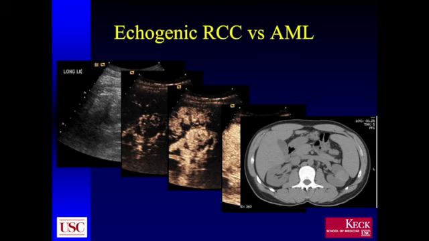So in this particular case, although the features are typical, very, very vascular, very intense enhancement, pointing you toward a renal cell carcinoma, I think that in reality, these larger echogenic masses are probably best served to be evaluated by non-contrast CT, looking for areas of fat and making the clear diagnosis of an AML. Whereas, as I said, on contrast ultrasound, while the findings may be interesting, they are not really going to be diagnostic in most cases.